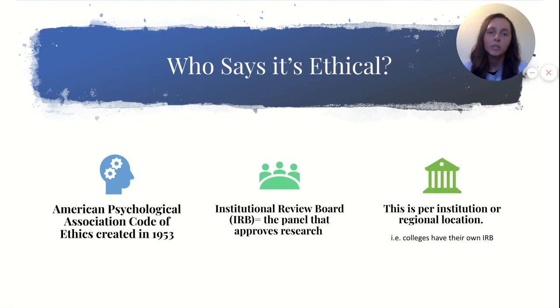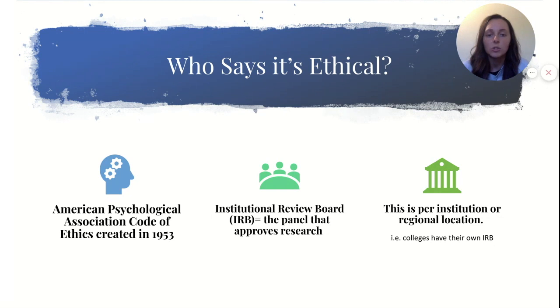So when we're doing research or when we're doing experiments, who is the person that says it's ethical or not? So you've got a couple different things here. The American Psychological Association, or the APA, which we learned about in the last video, created a code of ethics in 1953 that basically let people know what is okay and what is not okay to do when we're researching something in psychology. Now, how is that code enforced?